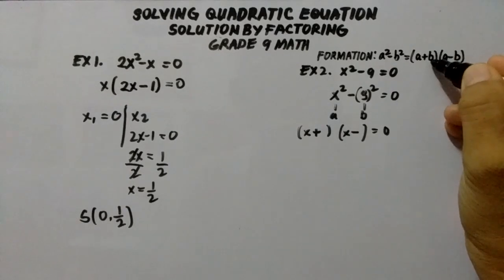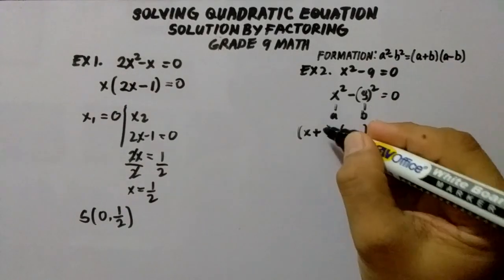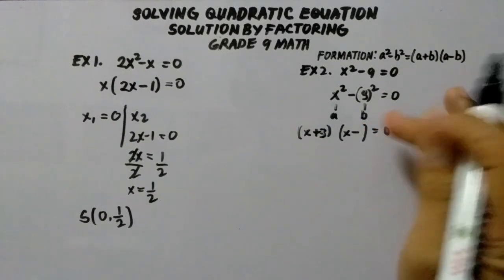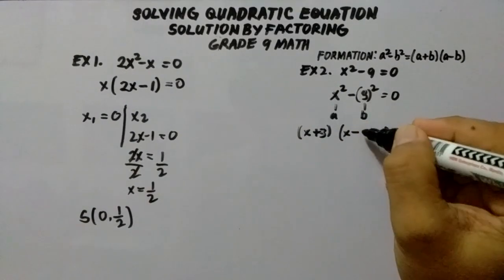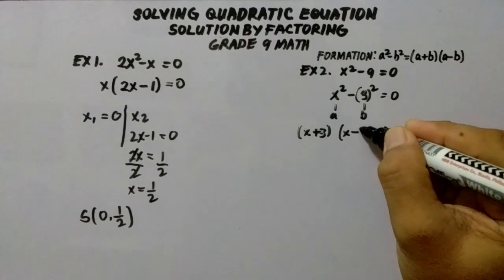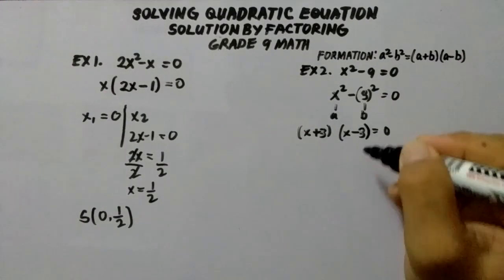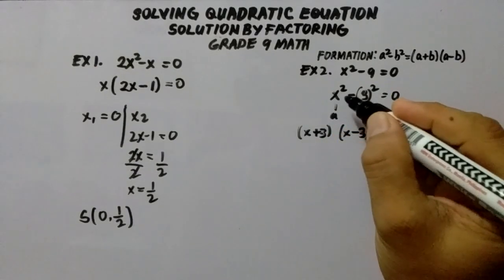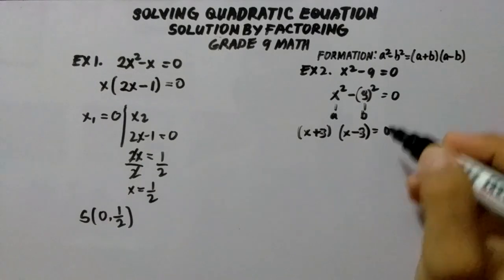Then, letter B natin is equals to 3. So, we have 3 here. Then, sa kabila, letter B, so we have the value of 3. Okay. Then, nakuha na po natin yung factors ng x squared minus 9.